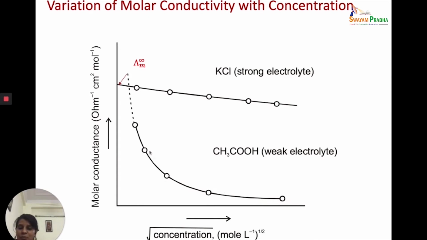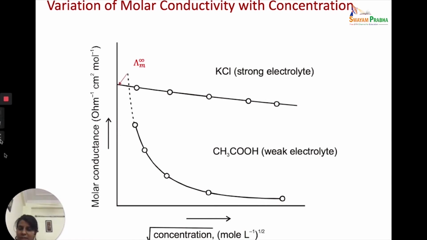But as you move towards zero concentration, the value of molar conductance increases drastically. So when you are decreasing the concentration, initially the value does not change much, but at zero concentration and closer, the value has increased quite a bit. But because this is not a linear graph, it cannot be extrapolated to zero concentration.